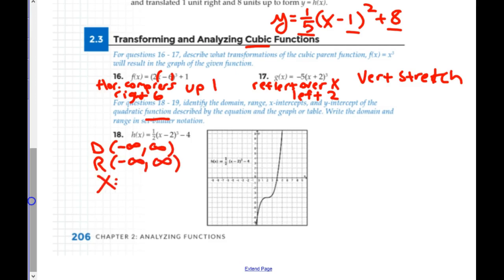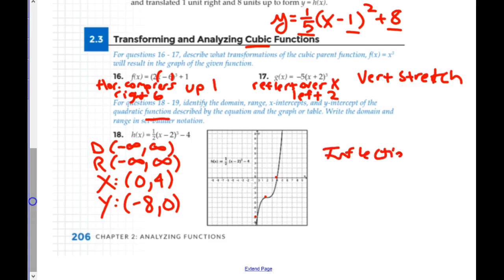The x-intercept is right there at 4, so (4, 0). The y-intercept is right there at negative 8. And we could do the inflection point.